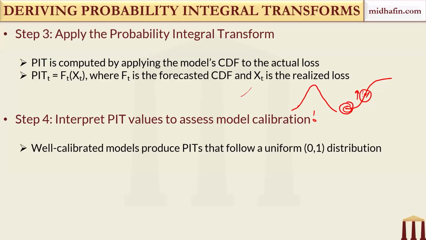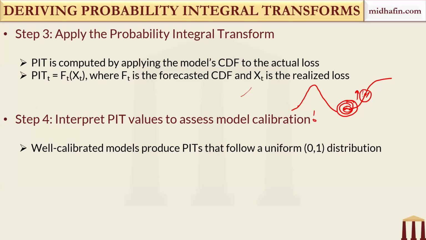If these are rare events, then in any case the CDF from here till here will change a little less, and we'll get very few values on the left tail. So in any case, the distribution will make sure that the PIT values corresponding to your actual losses are well spread.